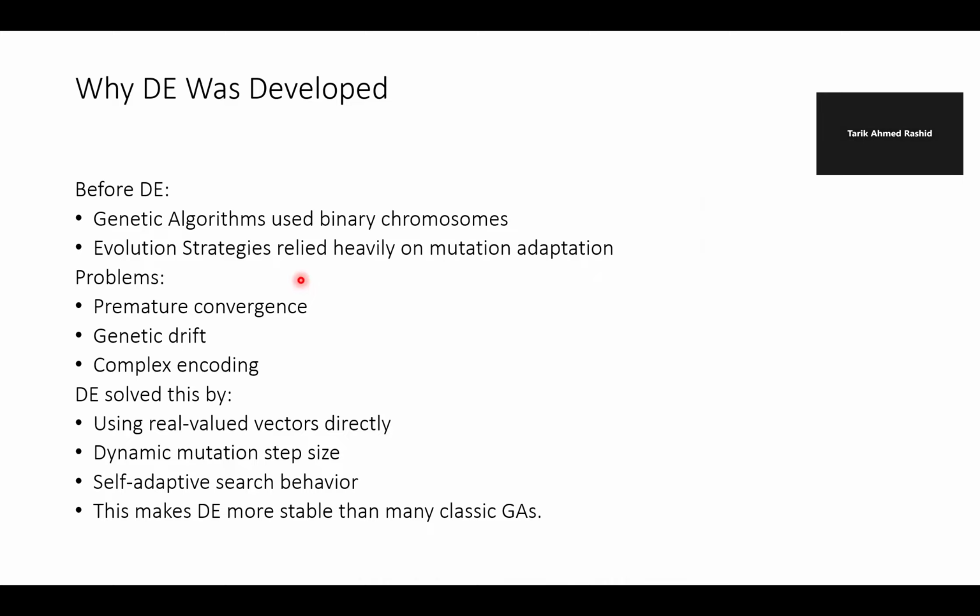DE solved all this by using real valued vectors. So instead of just binary 0 or 1, it uses real valued vectors directly, with dynamic mutation step size and self-adaptive search behavior. This makes DE more stable than many genetic algorithms.